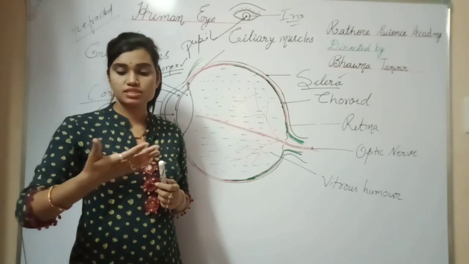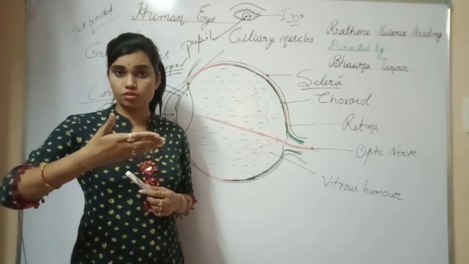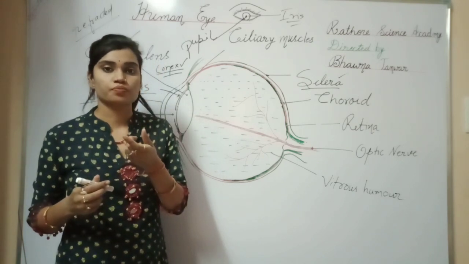And if I want to see a nearer object, at that time the focal length of the eye decreases.